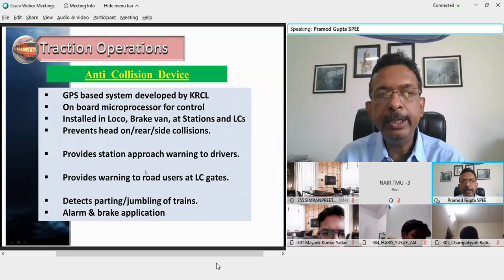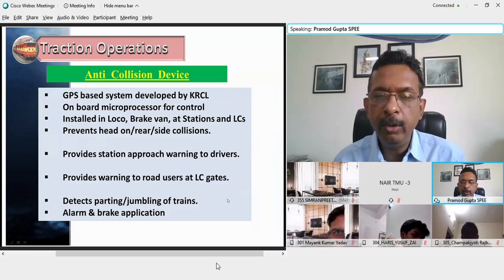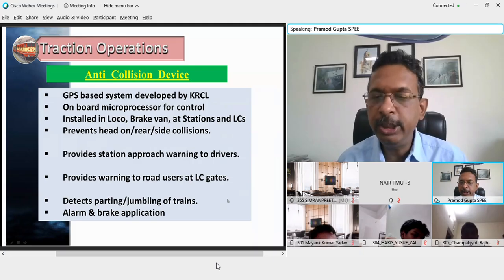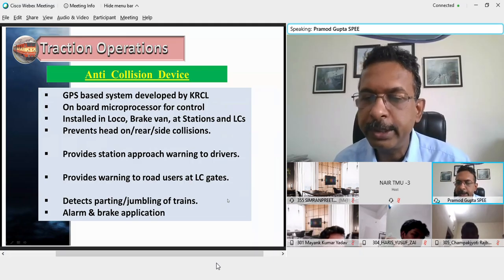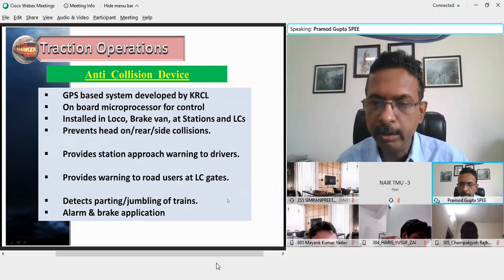The third one is the anti-collision device. It was introduced by Indian Railways. It is a GPS system provided in locomotives, brake vans, stations and level crossings, and the GPS coordinates are exchanged via satellite to identify whether more than one train is available in the same section or not.